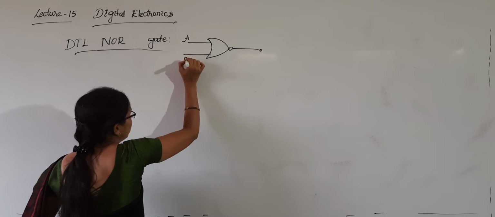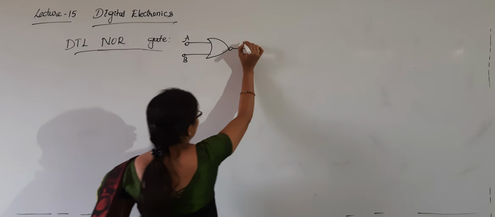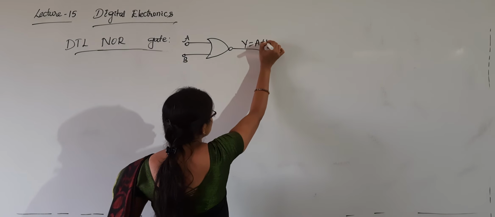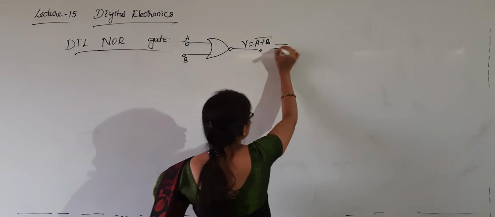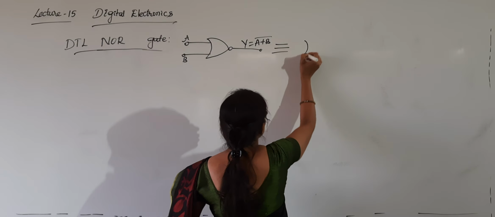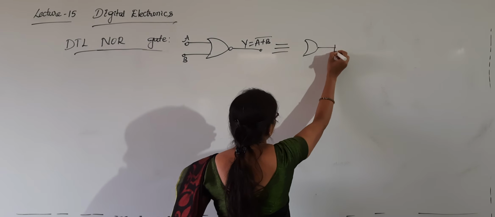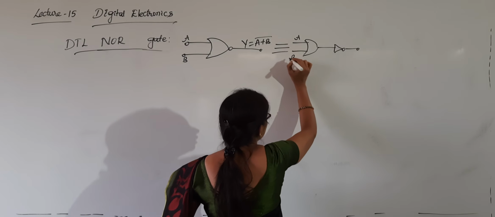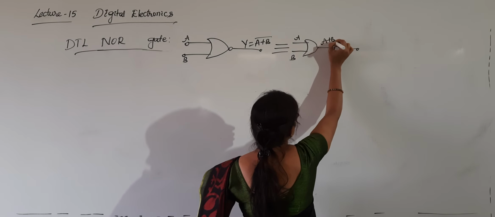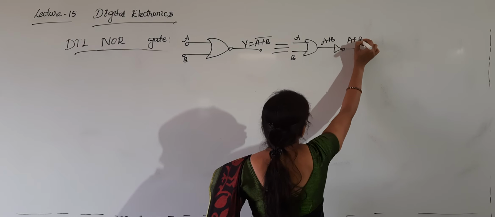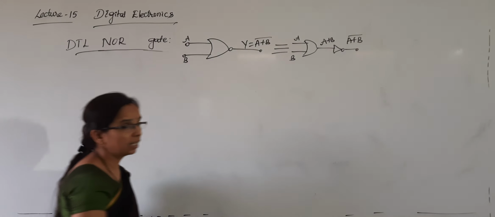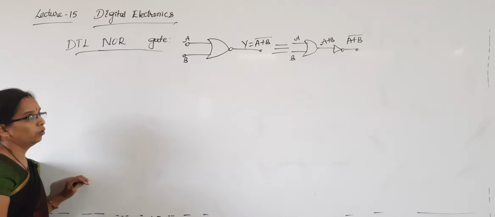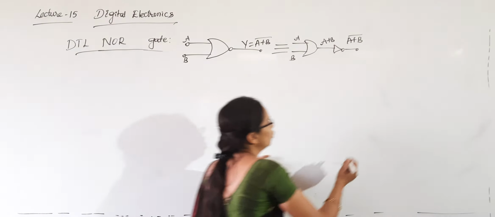If A and B are the inputs, Y is equal to A plus B, or A or B. This circuit's equivalent will be an OR gate followed by a NOT gate. You can write it like this: A, B are the inputs, A or B. If it passes through the inverter circuit, then it will be A or B whole bar.